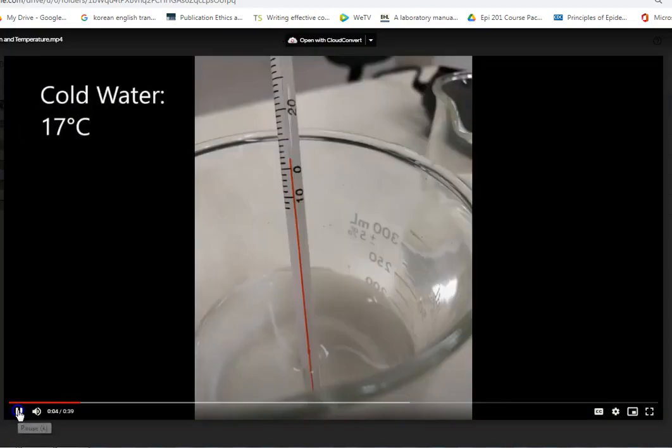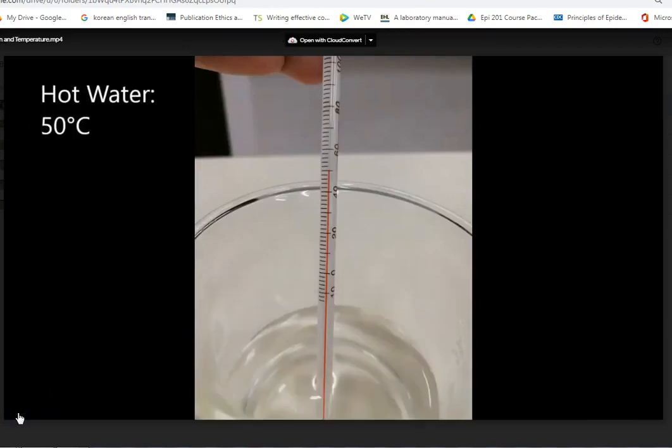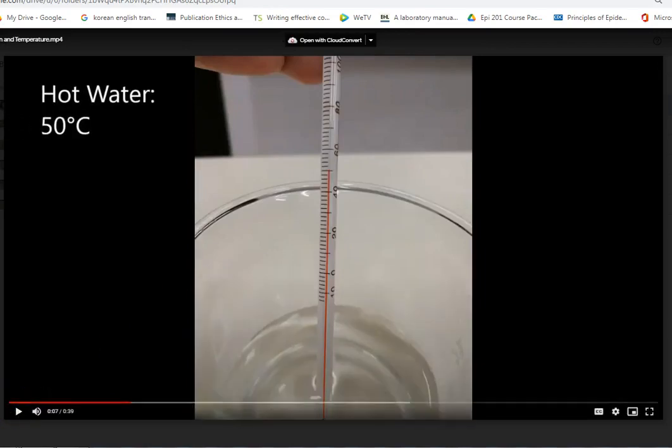So in one beaker, we filled it halfway, half full, with cold water, and you can see that it is 17 degrees centigrade. And then in the other beaker, we filled it up with hot water, and the temperature of the water is 50 degrees centigrade.